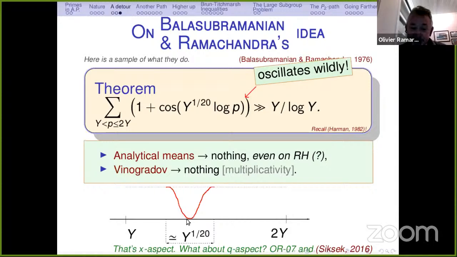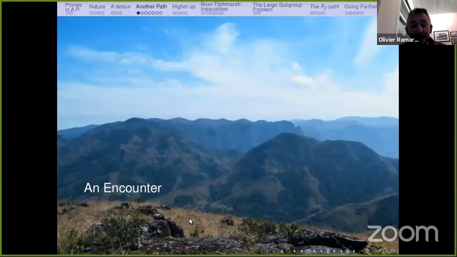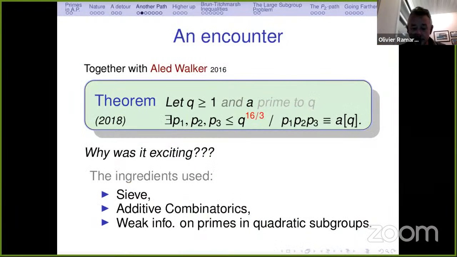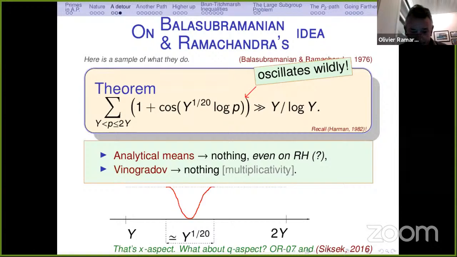It cannot accumulate at the very bottom here. It will have to spread a bit on the side because here it's going to be little o of y over log y if it stays here. That you can do with the Brun-Titchmarsh, and you cannot do with the two main methods for handling primes.